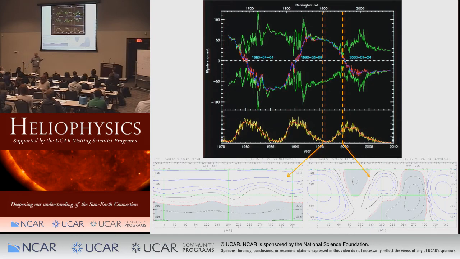The quadrupole has not changed very much, but now the dipole is not strong enough to overwhelm the quadrupole, and so we see a quadrupolar magnetic field. And so here's more of a dipolar magnetic field, 1995, 1997 here, right? So that's what's happening to the sun's magnetic field. It's not reversing the way people say. It's just that the dipole moment is reversing.